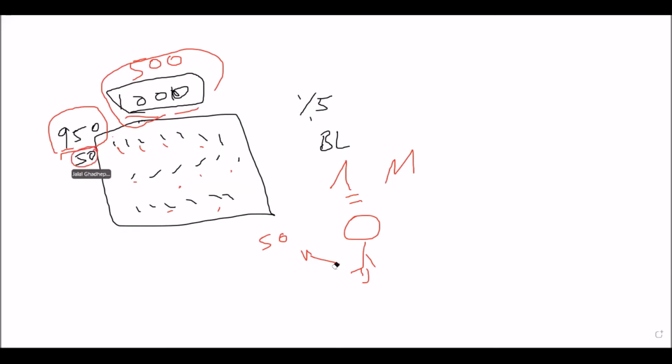Now these 50 become 10%. How much time do I need now to find these 50 people among 500?